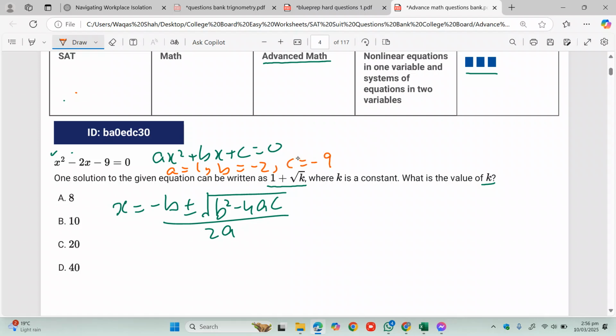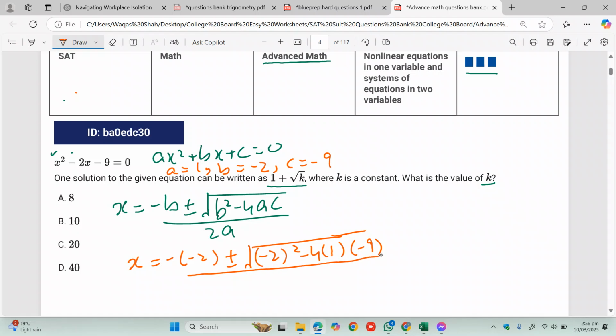If we substitute these values of a, b, c in this equation, x will become negative negative 2 plus minus square root of negative 2 squared minus 4, and a is 1 and c is negative 9, divided by 2a, so a is 1.